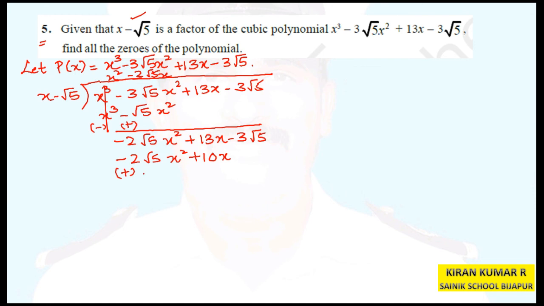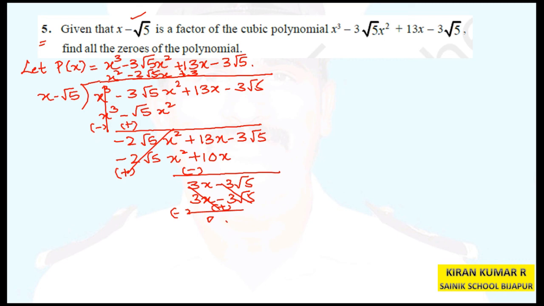Change the sign. This first term will be cancelled. We will be getting positive 3x minus 3 root 5. Now if you simplify, you get 3x minus 3 root 5. You change sign and add them. The remainder is 0.